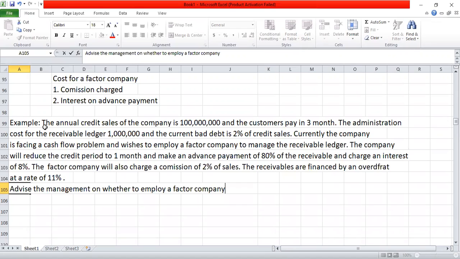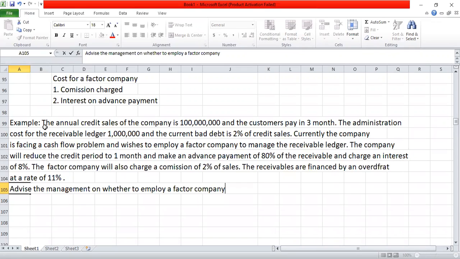So this is a simple question on how to evaluate the factoring of the receivables. As we said, what you need here is to compare the costs and the benefits of employing a factor company.